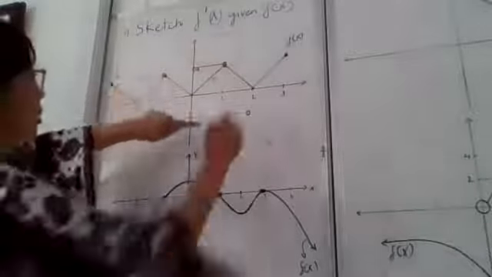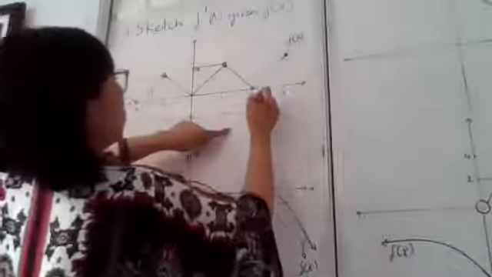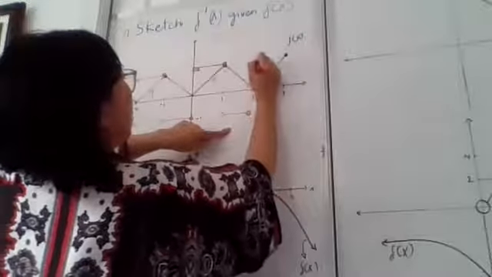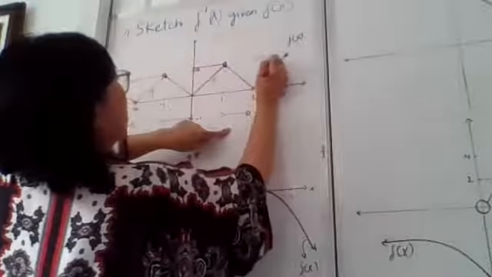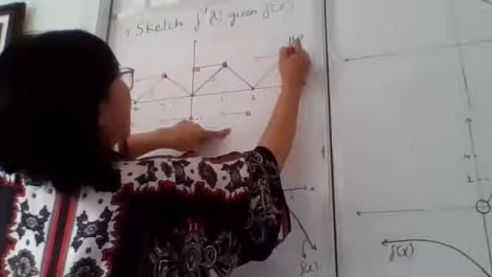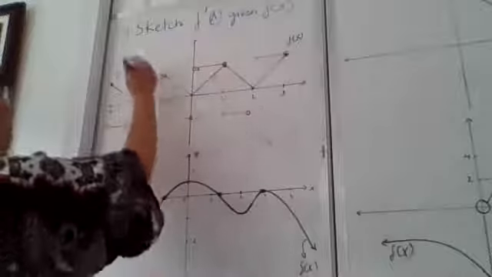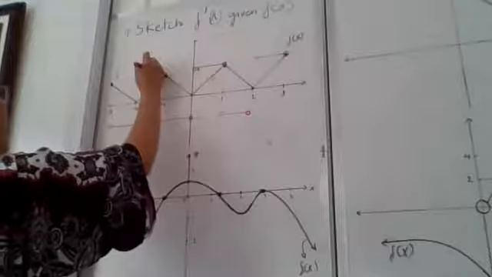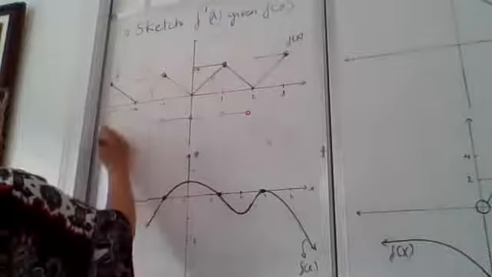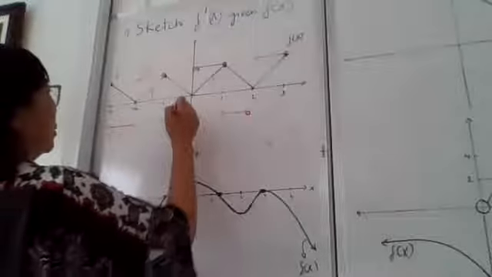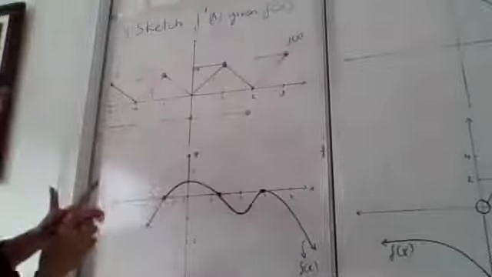Now from here to here, we have a slope of 1 as well, and at this point, there's no derivative, so it goes like this. So this is how we sketch. Each segment like this is the f' of x. You see f' of x, f' of x for each segment. So let's check again.